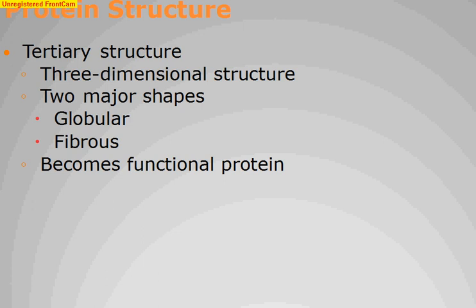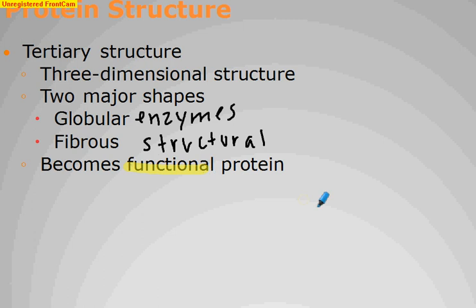Typically, they're classified as either globular or fibrous. Globular proteins are usually your enzymes, your functional proteins. Fibrous are usually structural, so providing shape and support for the cell. By functional here, I refer to a working protein, or one that's ready to be used by the cell.